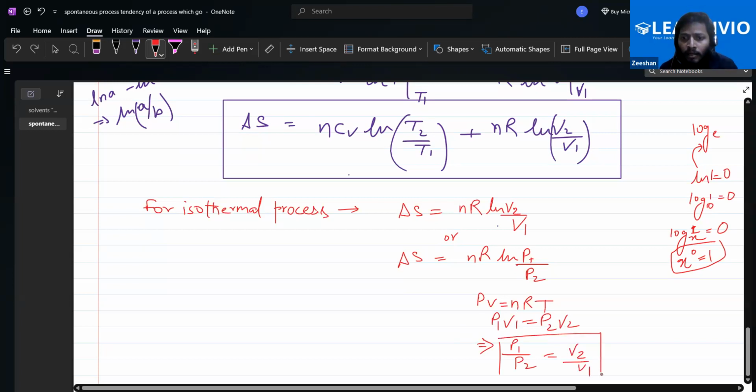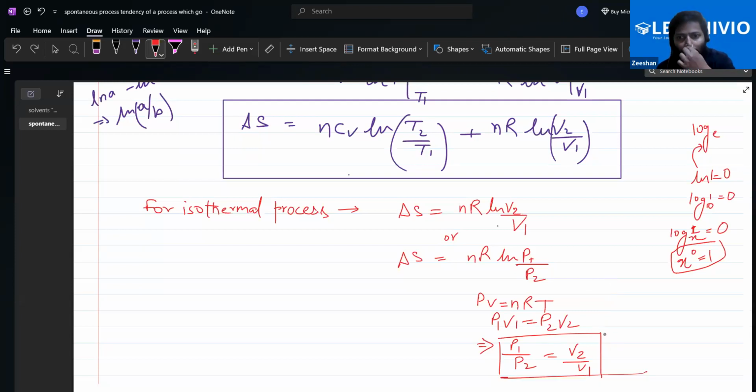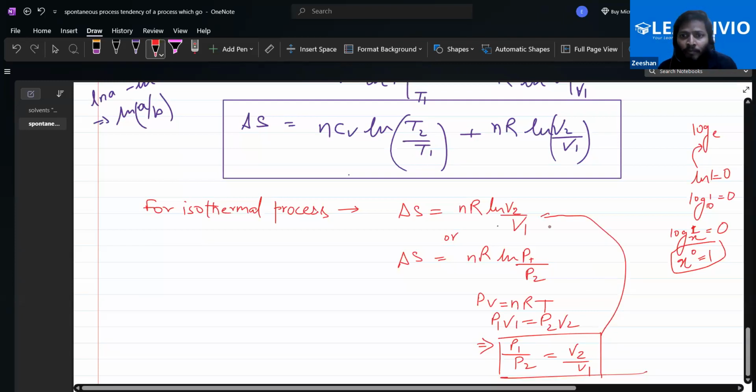So from here we have put this and this formula comes.